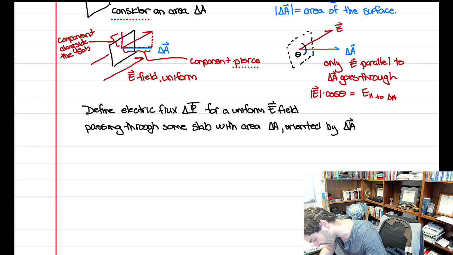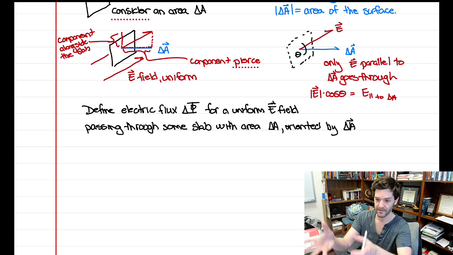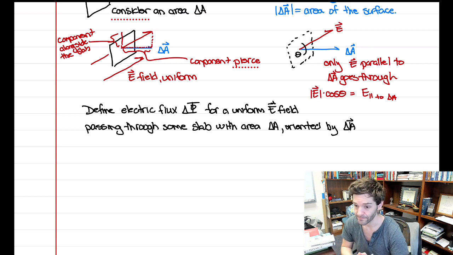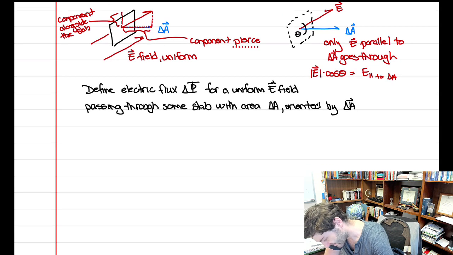Delta A as a vector, such that the magnitude of that vector is delta A. Let's define this flux as follows.